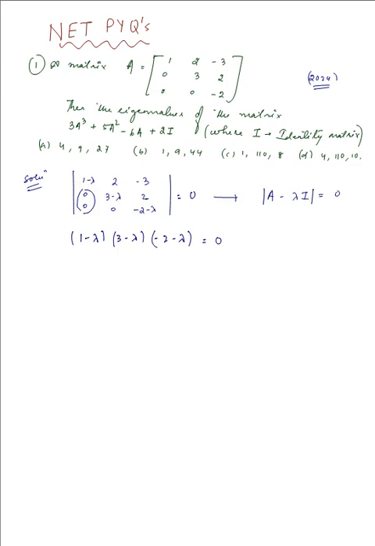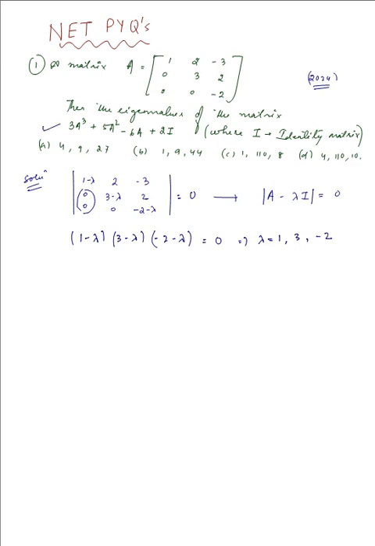So eventually we are left with this. This gives us lambda equal to 1, lambda equal to 3, and lambda equal to minus 2. And we just have to put these values of lambda in this equation that is provided.